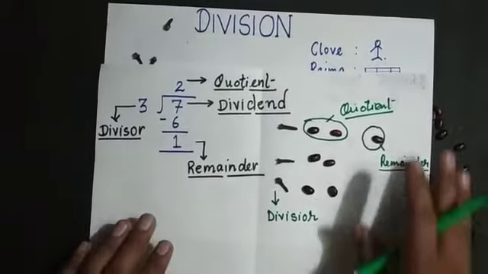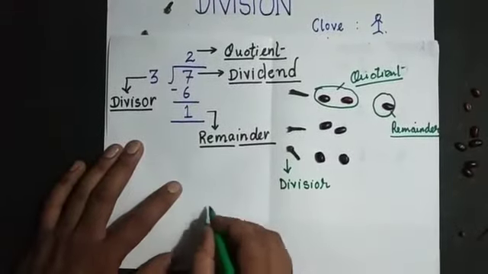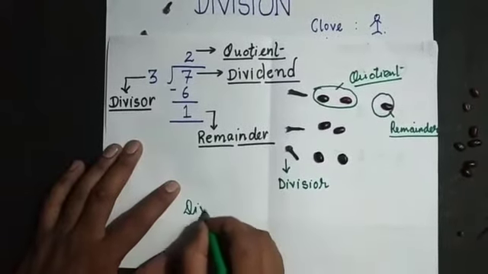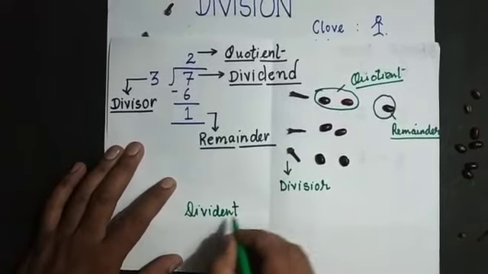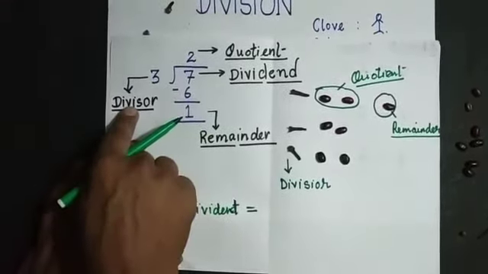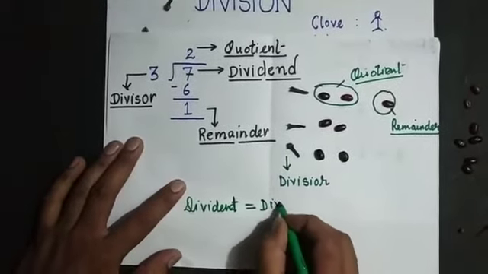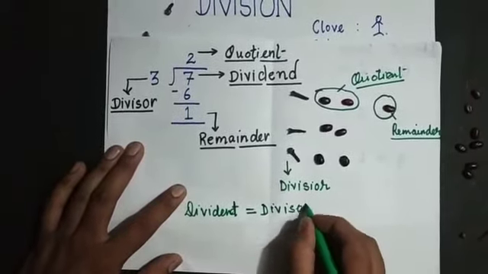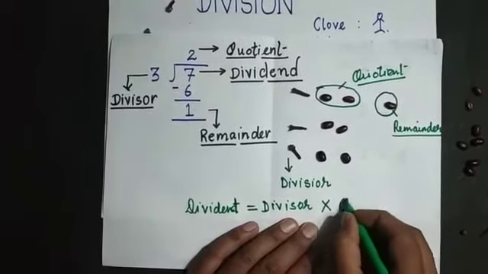So easily you can make a statement: dividend is equal to divisor multiplied by quotient plus remainder.